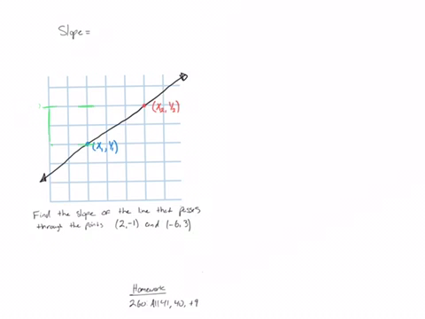I'm going to say the rise. Notice this mark right here is at y2. And this mark down here is at y1. So if I wanted to find how much it rose, I would say the y coordinate from the second point over here on the right minus the y coordinate from this one here on the left.